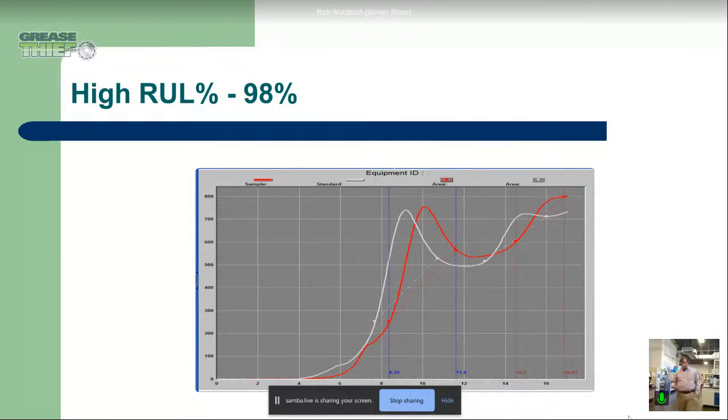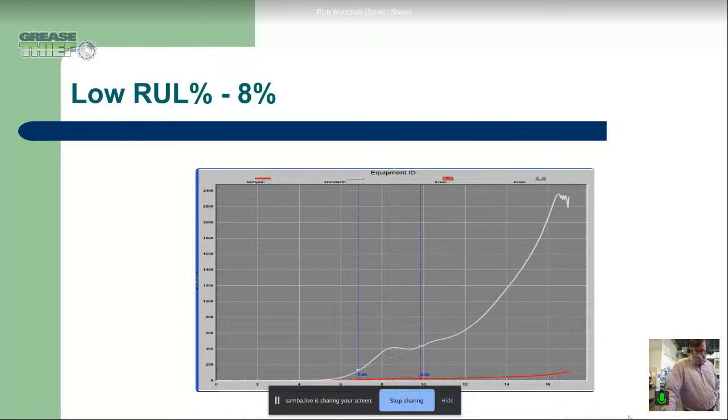And if that's the case, the period that elapsed between the new grease and this used grease hasn't really done a lot to the life of the grease. There's still a lot of remaining useful life here. And if this is our greasing relubrication interval, when we got this sample, we've got a position to extend that out pretty substantially.